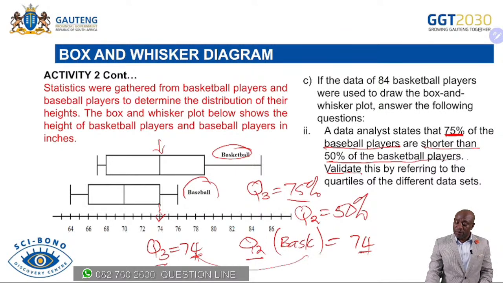So in other words, 50% of the basketball players are actually taller than 75% of the baseball players. So this then says the statement is correct.